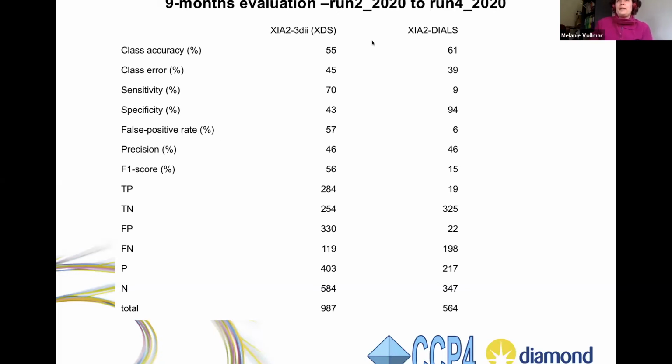From essentially giving the opposite predictions, it's now no longer at random. There is a trend towards actually doing the right thing for both of the integration programs.